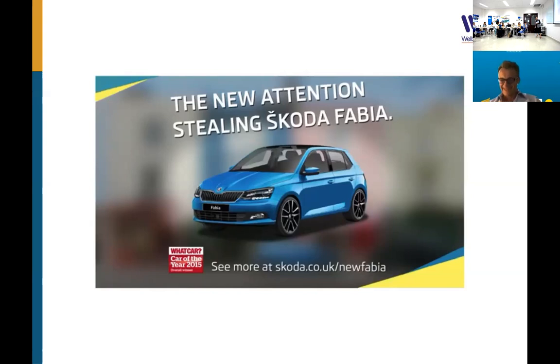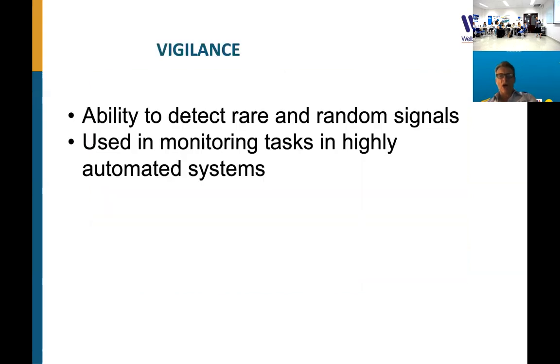Yes. Okay. So, sorry. Now the last part for the cognition is vigilance. What we call vigilance is a very specific ability, which is to detect rare, so infrequent, and random signals. It's used especially in monitoring tasks and in very highly automated systems.